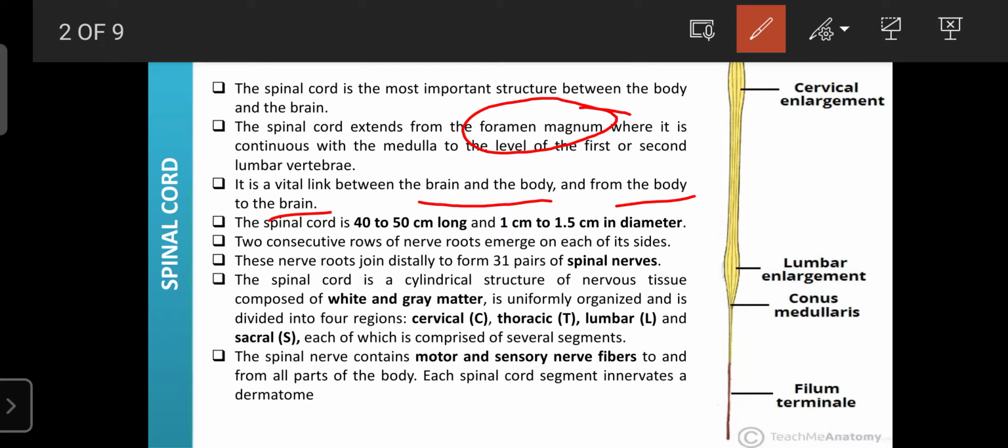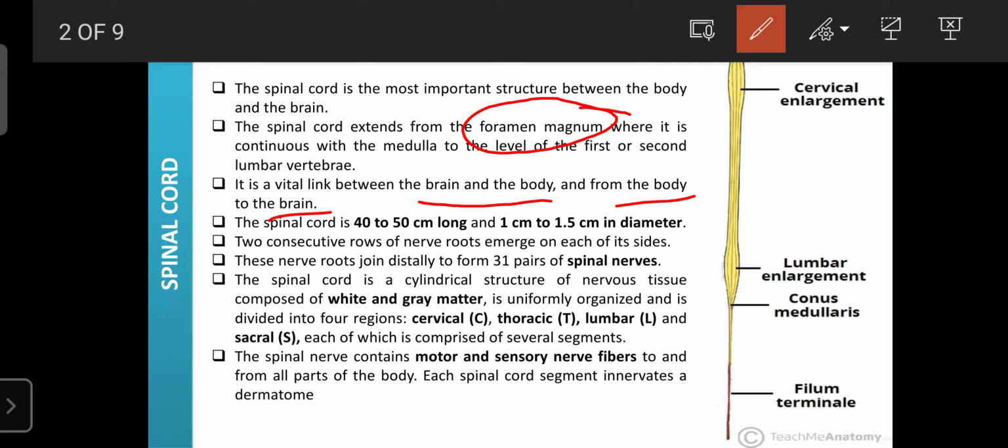Sensory information is carried from the organ to the brain, and motor information from the brain to the organ. So the spinal cord can convey both types of impulses, motor as well as sensory. That's why it plays an important role in creating the vital link between the brain and the body.